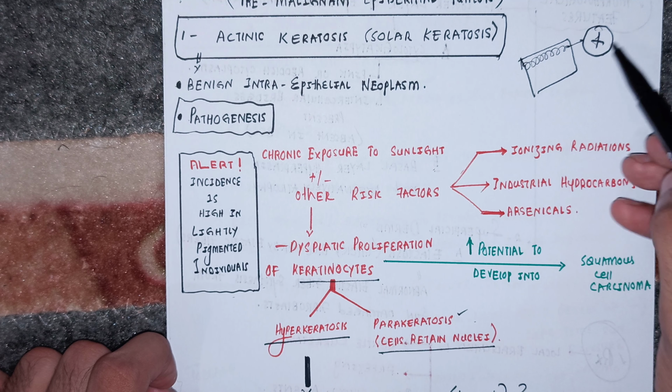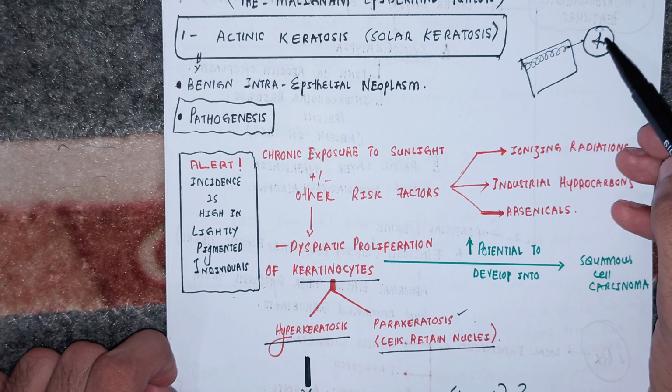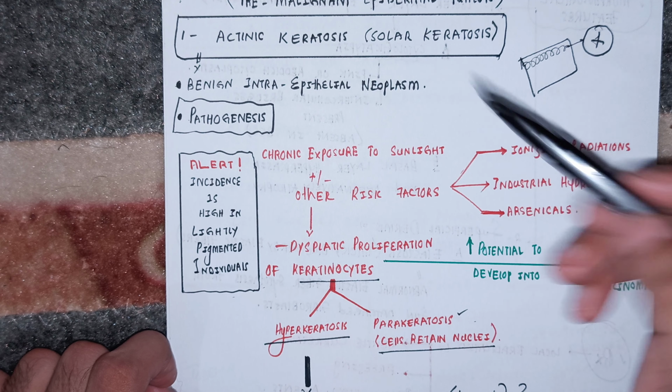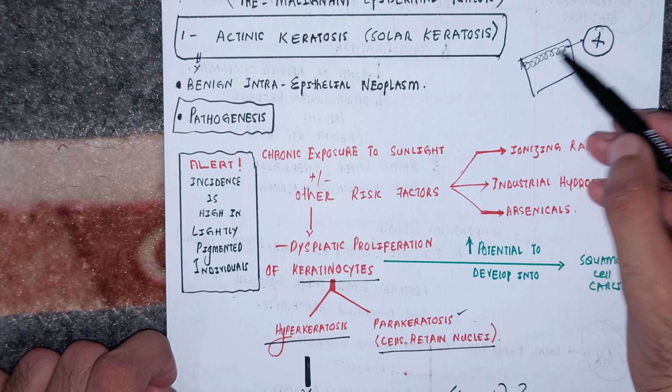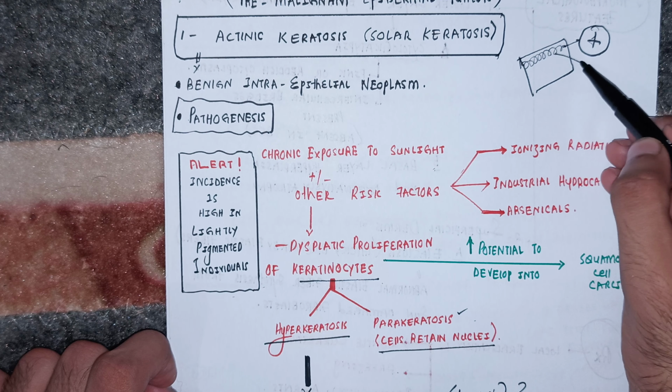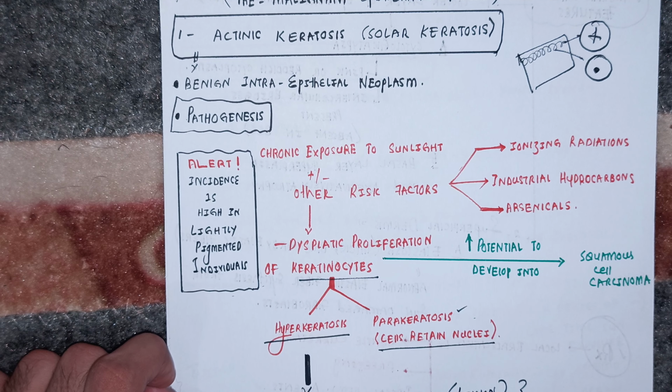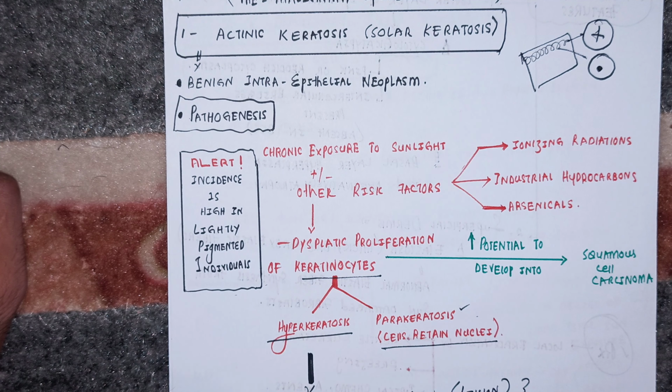Normal mature cells of the epidermis, especially in the stratum corneum, lose their nucleus. But in case of actinic keratosis, you will see immature cells present here. That means these cells will be retaining their nucleus. These are immature cells that are retaining nucleus, and they are abnormal, and this is called parakeratosis, by the way. Okay, so are you clear so far beta?